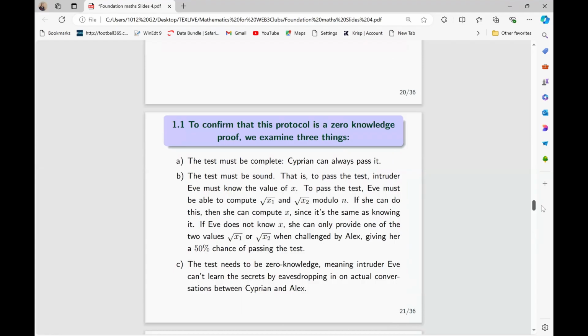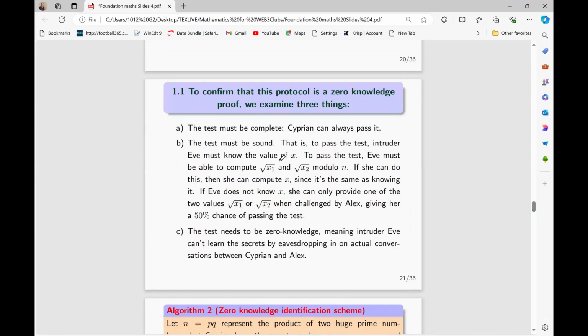Of course, yesterday this is where we ended, where we had done an example. In that example, we thought of what if somebody was listening to the communication and tries to impersonate the prover.